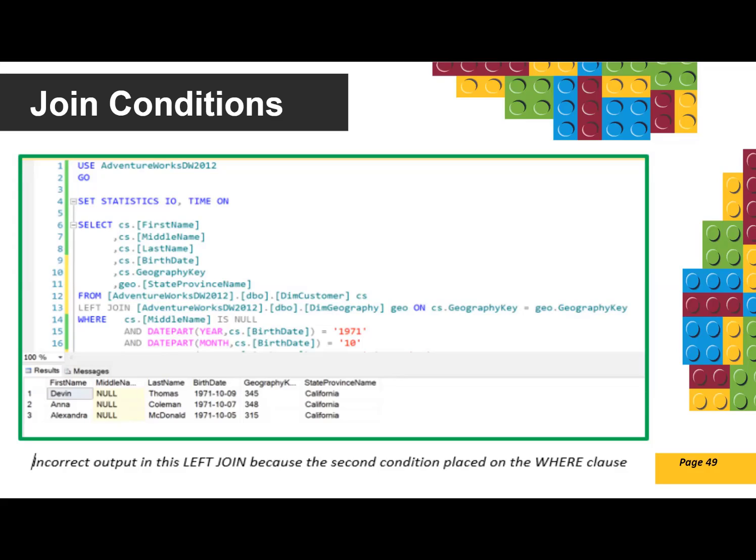If you do left join, you have to be careful. Make sure you put it on the joining level, because if you do left join or right join and then you have that second, third condition in the WHERE clause, it's a bad habit. It's not a good best practice, and also it's misleading data, right? Only if you do left join or right join.